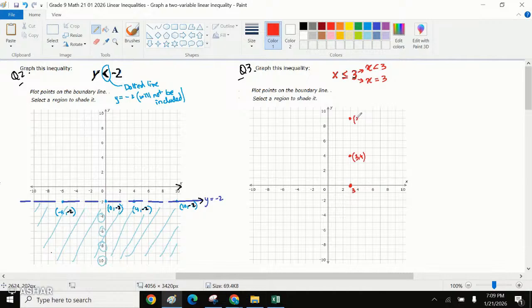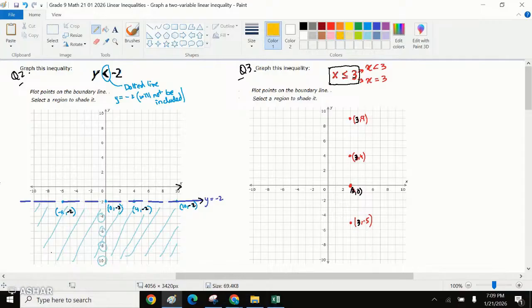Can we say this is 3 comma 9? And at the bottom, can we say this is 3 and -5? That means what we can see is the value of x is constant throughout, right? The value of x was constant throughout the inequality, and this was the given inequality.